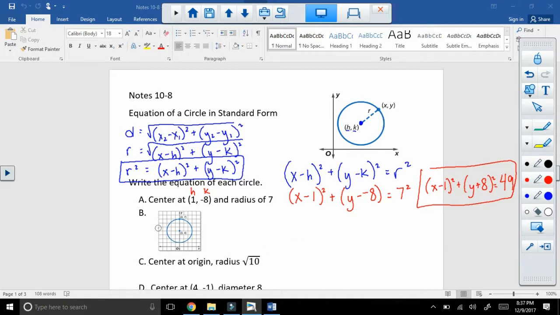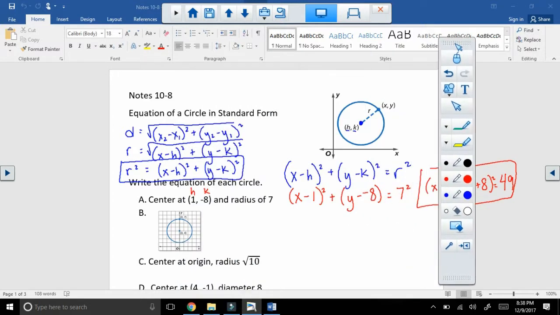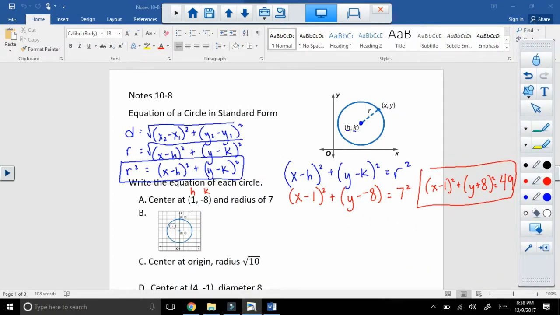For this next example, it doesn't give us the points, but it shows us in the graph where they're at. So the center here is at 0, 4.